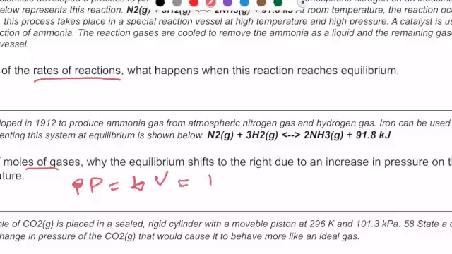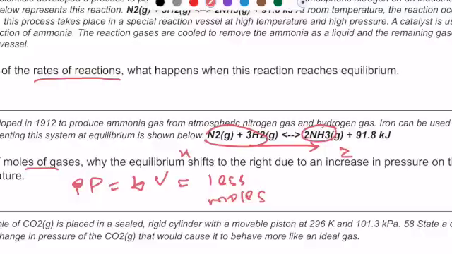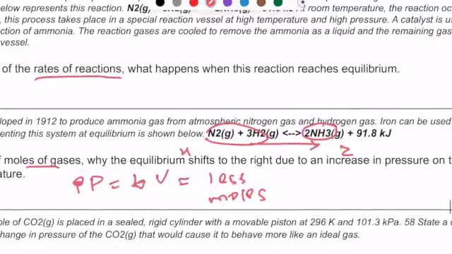So the reaction shifts towards less number of moles. In this case it's going to shift towards the right because in your reactants you have 4 moles, and in your products you only have 2 moles of the substances.